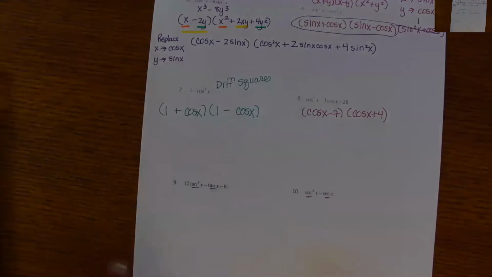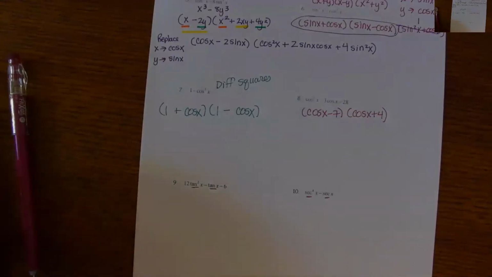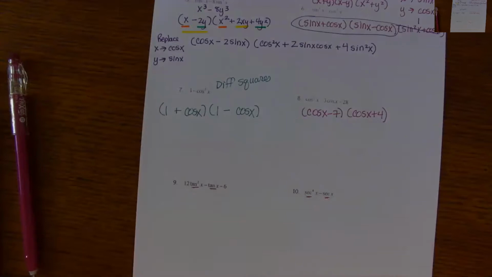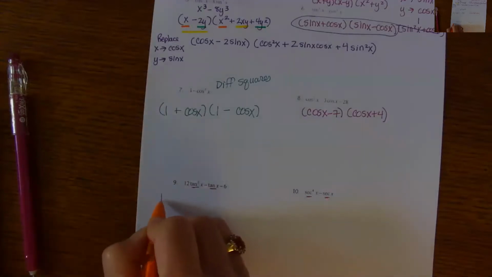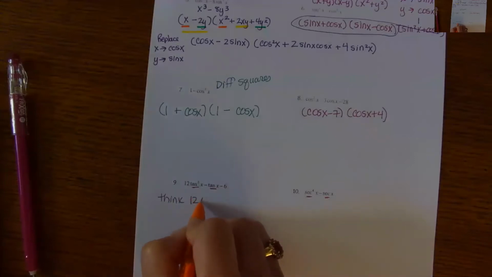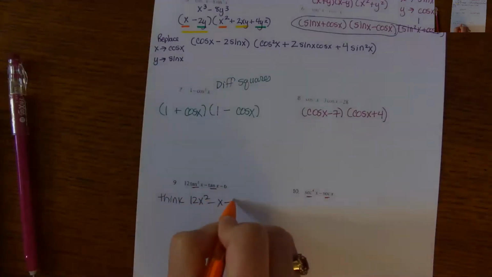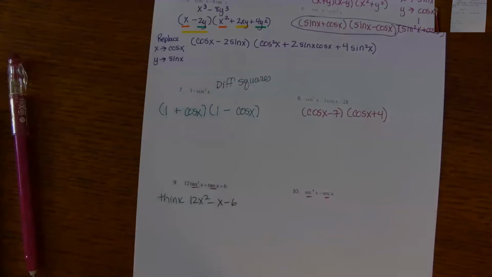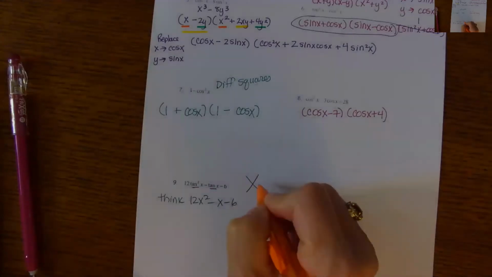All right, come on, y'all get this one done. If you need help on this one, think 12x squared minus x minus 6. Right? And if you need to, now I like to use guess and check, but if you need grouping, how does that work?